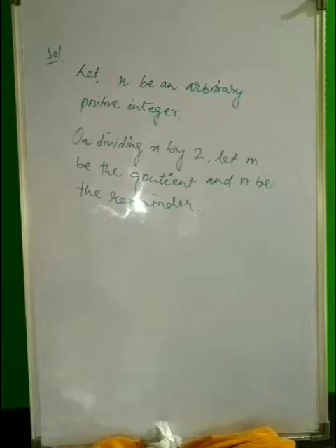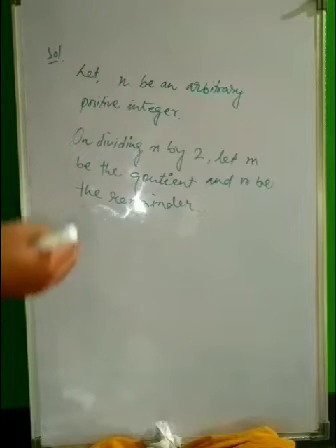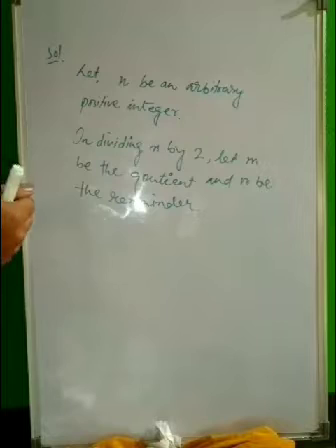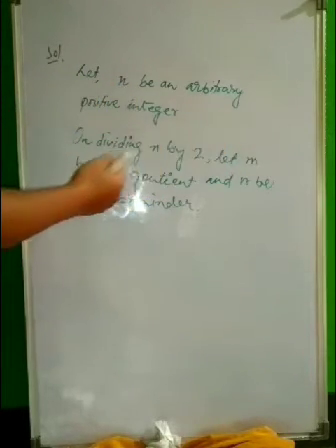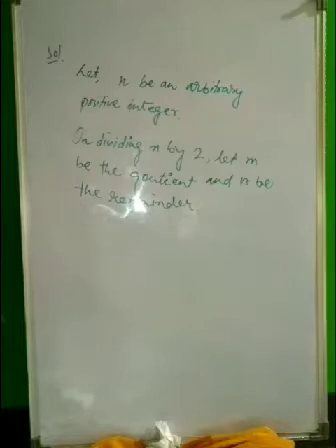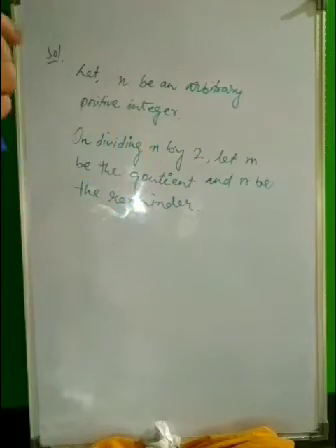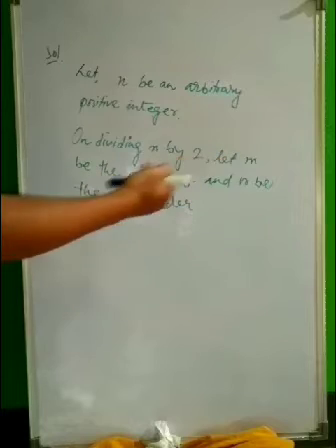As I have said, we didn't have any dividend, so I have taken the dividend as n, and the divisor is given clearly, that's 2, according to Euclid's division algorithm. The quotient is clearly not given in the question, so I have taken m as our quotient and r is the remainder.